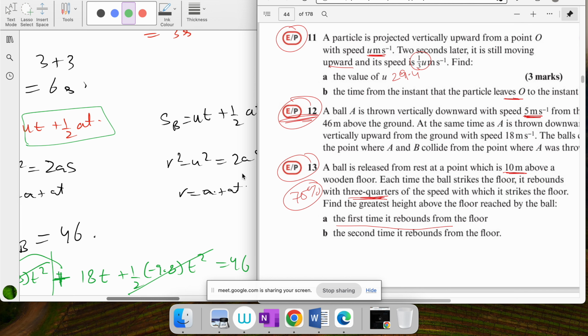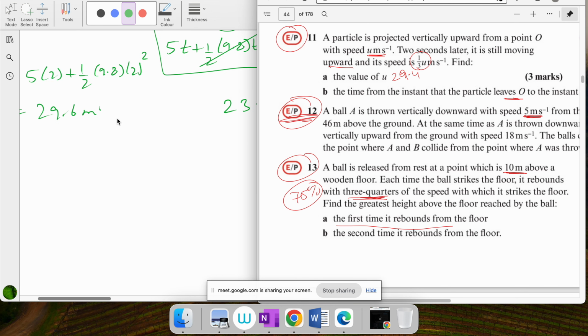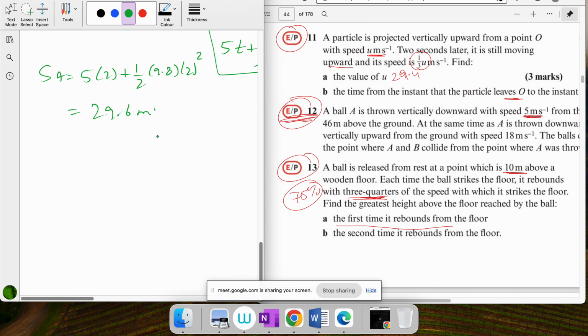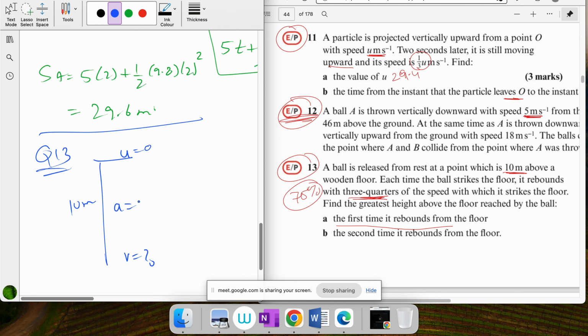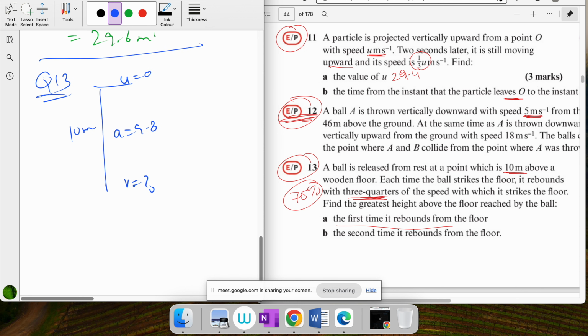Okay. So the ball is released from 10-meter height. Released, speed is 0, final velocity is unknown, acceleration is 9.8. So we can find the final velocity. v equals u plus at, but I'm not using this t, so we can use v square minus u square equals 2as.